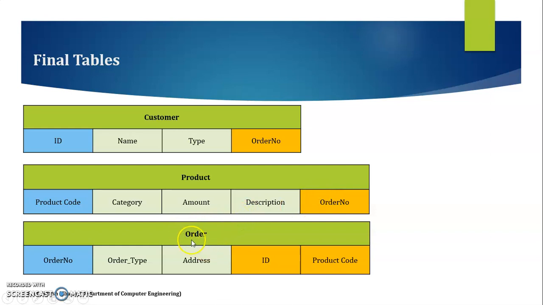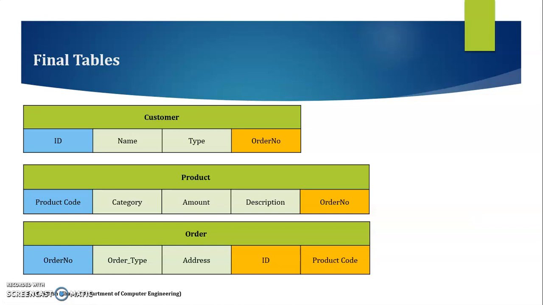Then we will create an order table in which order number is the primary key, then order type and order address, and the ID and product code of your customer and product tables will be referred to as foreign keys. I hope you have understood the concept of creating an ER diagram.